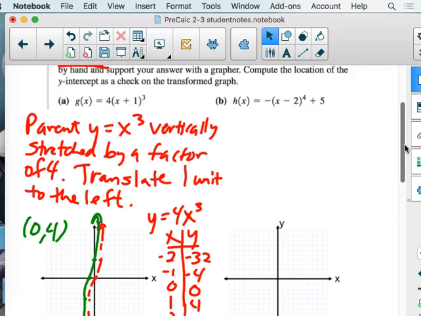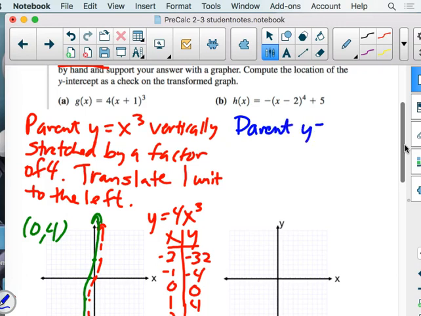By hand, we're going to graph h of x equals negative of the quantity x minus 2 to the 4th plus 5. Okay, so I have a new parent function. This time it's y equals x to the 4th. Oh, and there's a negative out in front. What does that do? Reflect over the x-axis. So this parent reflected over the x-axis.